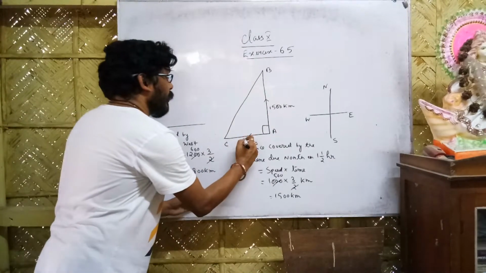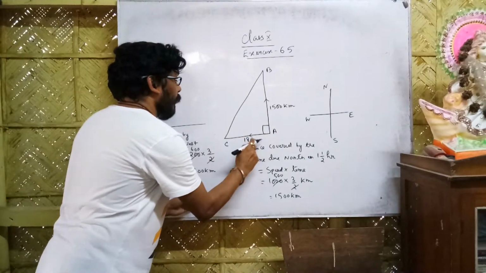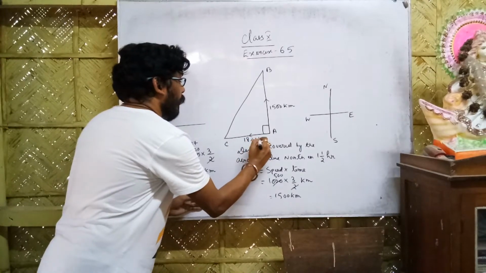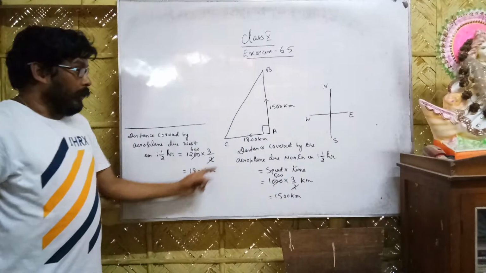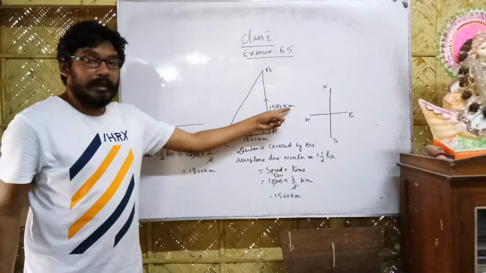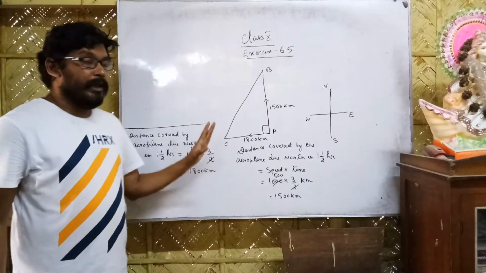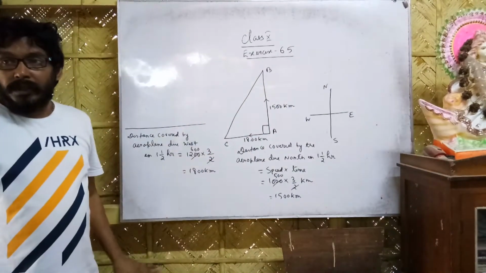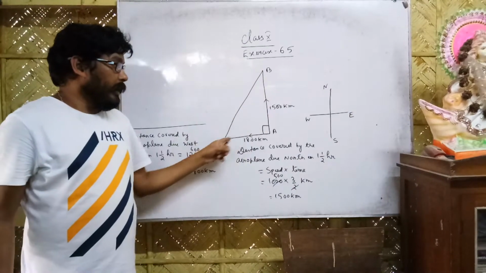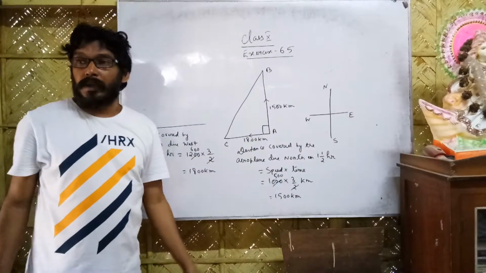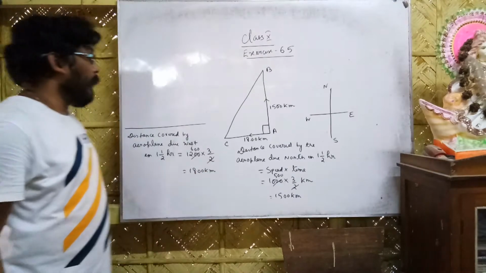So this part is 1800 kilometer. Okay, now you know AB length 1500, AC length 1800. To find out BC, this is a right angle triangle, so you will use here Pythagoras theorem. So copy this part.